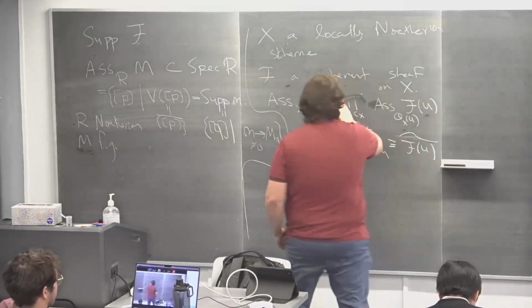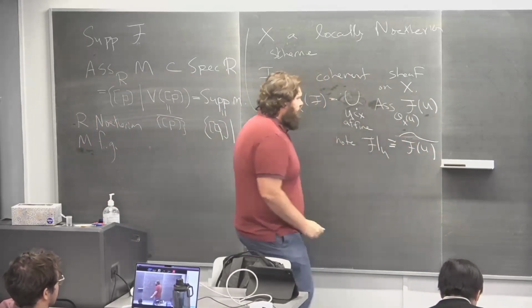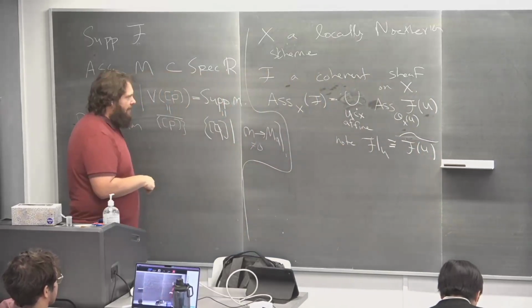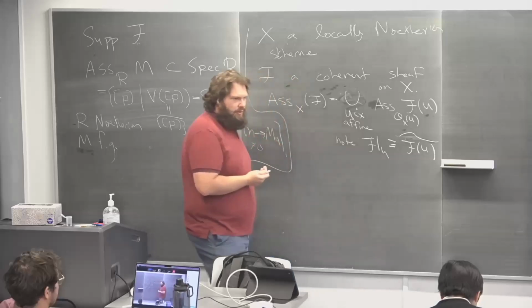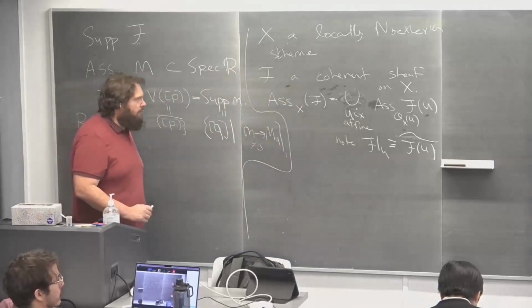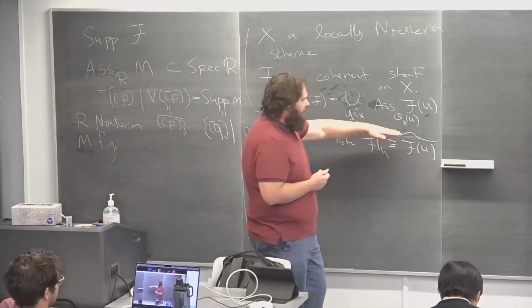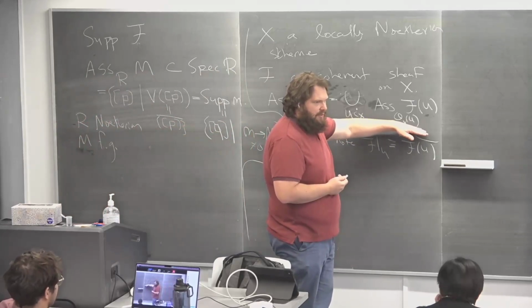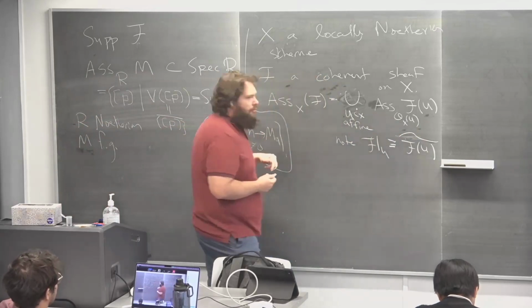I'm sorry, I should have said union. Union over all affine subschemes of this module, taking its associated points as a module. I'm just thinking about these as sets. This is a subset of the points of U, and I'm just taking the union of them.